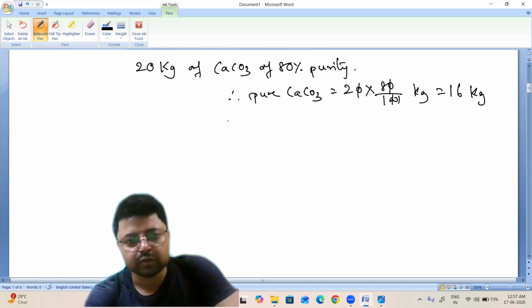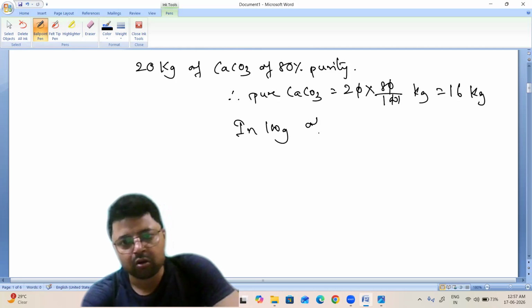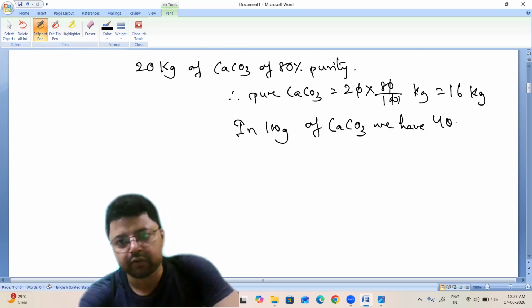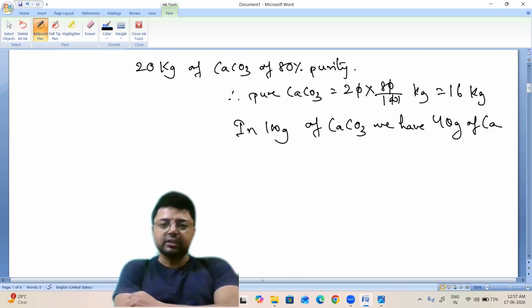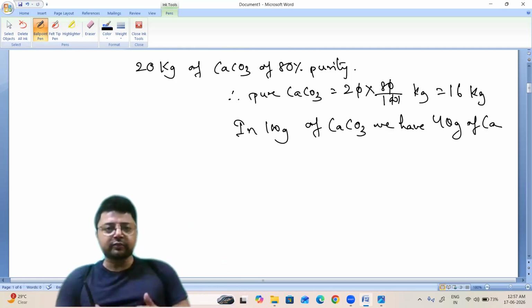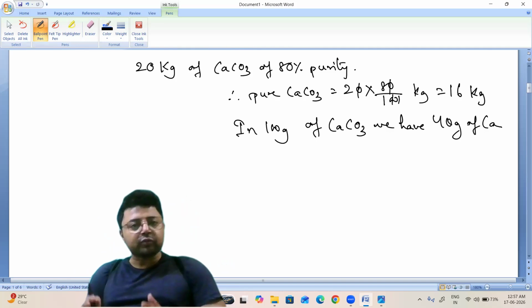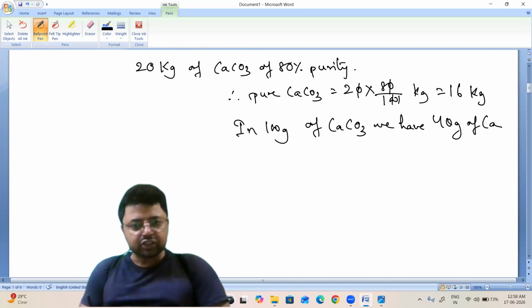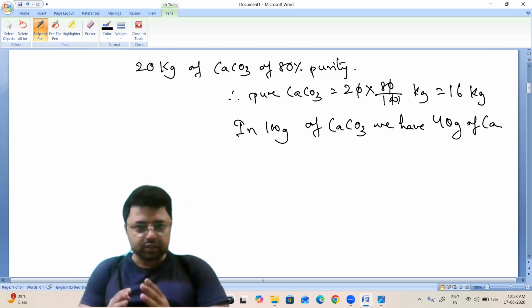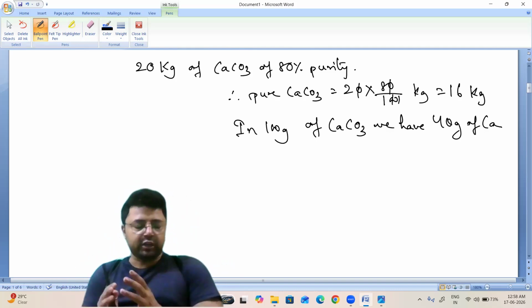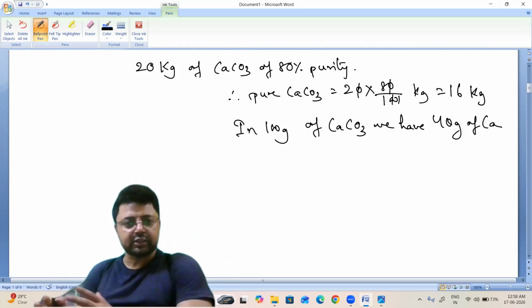In 100 grams of CaCO3, we have 40 grams of calcium. So what you are doing here is finding out the amount of calcium, the overall weight of calcium, in this 16 kg of calcium carbonate.